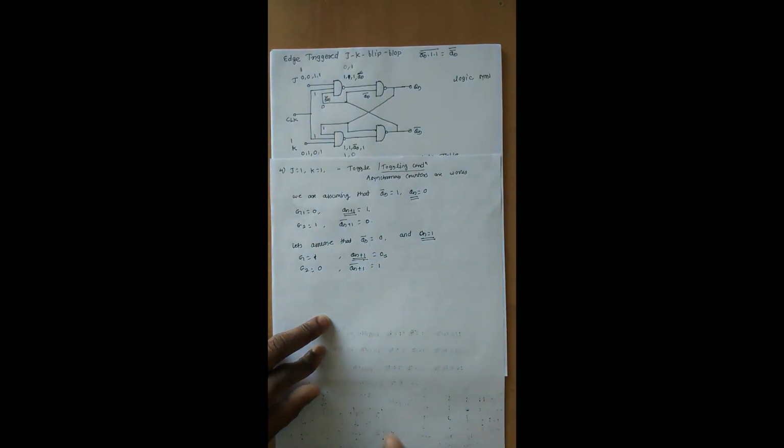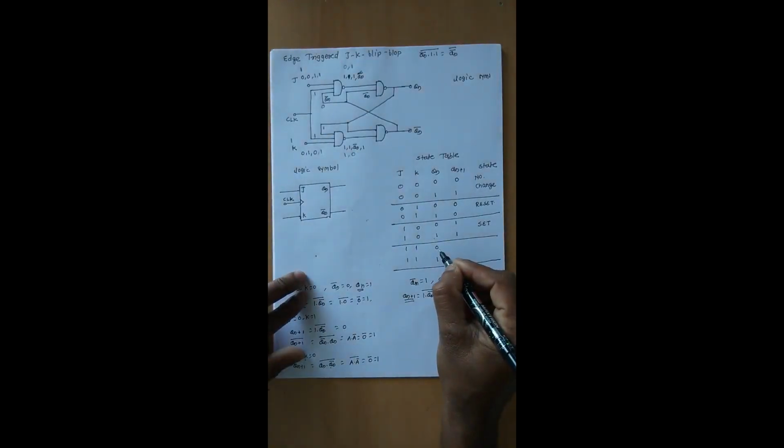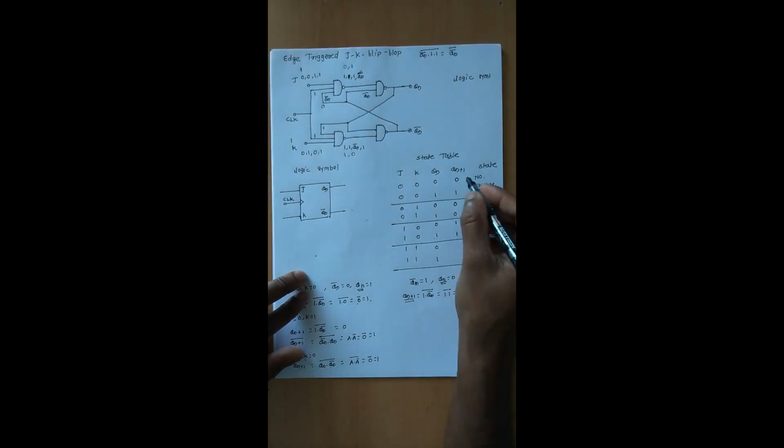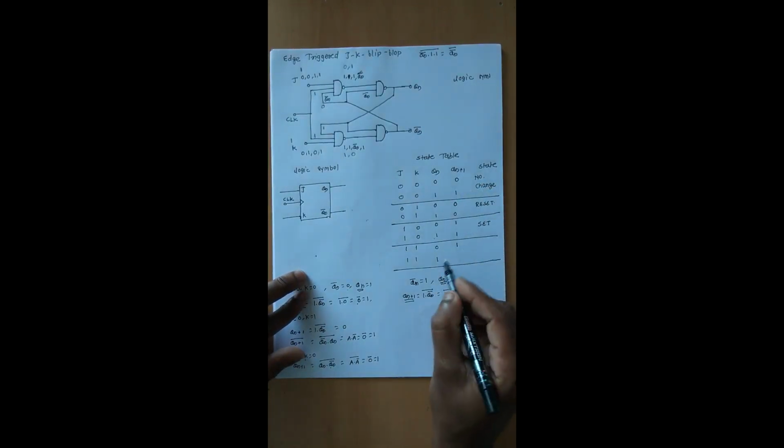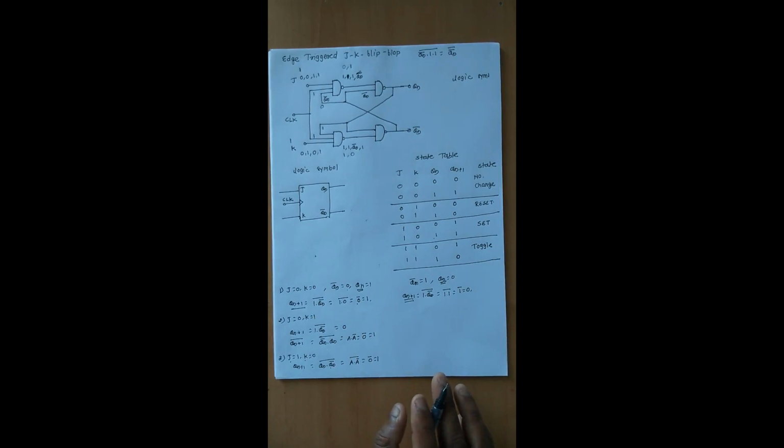So this condition is called a toggling condition of the flip-flop. When Q of n is 0, Q of n plus 1 is 1, and when Q of n is 1, Q of n plus 1 is 0. This condition is called the toggle condition of the flip-flops. This happens only in the JK flip-flop as well as T flip-flops.